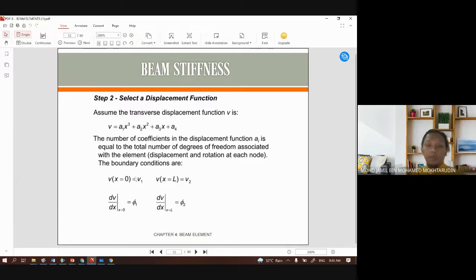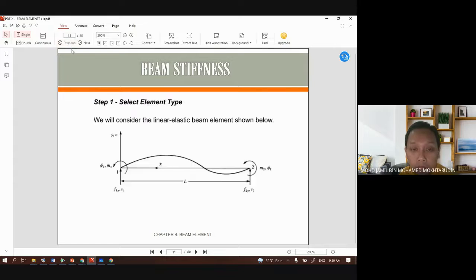Firstly, we substitute the boundary conditions. At x equals 0, we assume the displacement is v1. Going back to the figure, at node number 1, or x equals 0, the displacement is v1, and at x equals L, the displacement is v2.